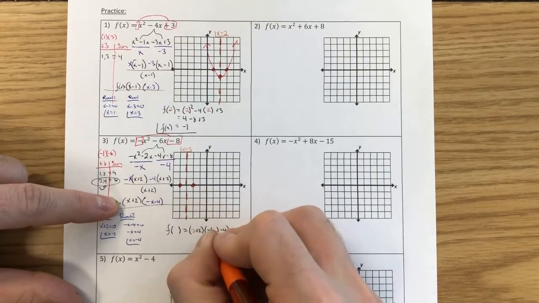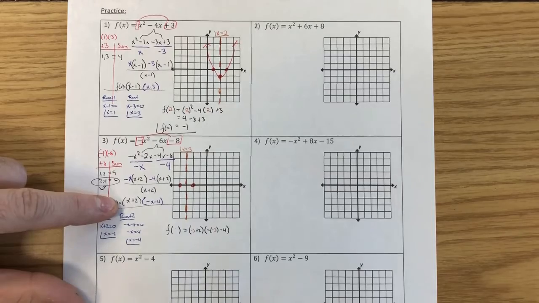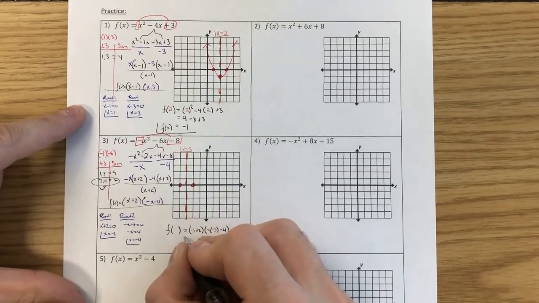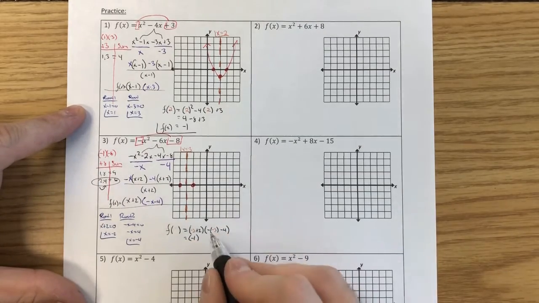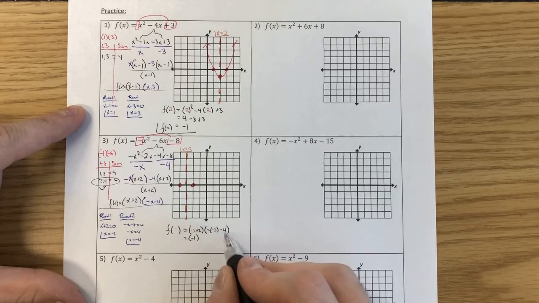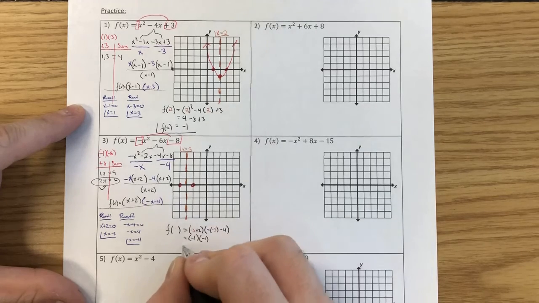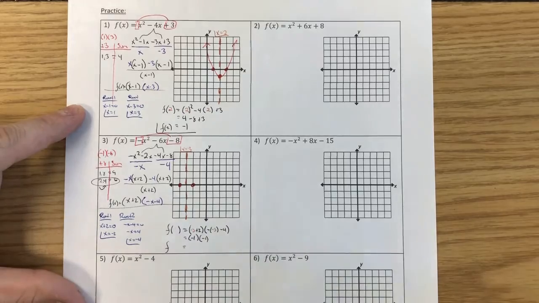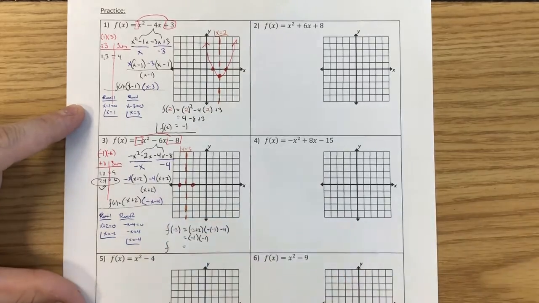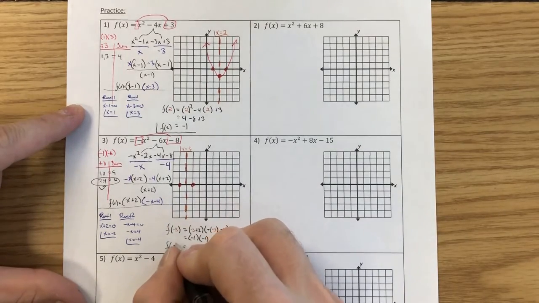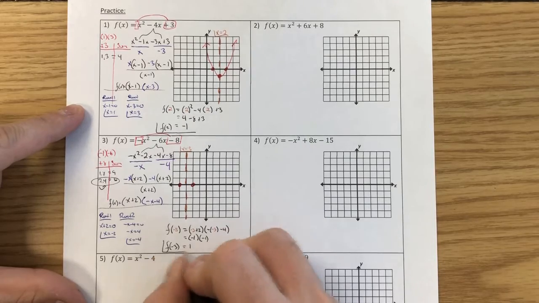So negative 3, negative 3. Negative 3 plus 2 is negative 1. Negative makes it a positive 3. Minus 4 is negative 1. So my f of negative 3 is positive 1.